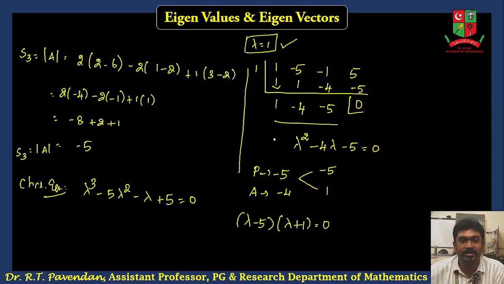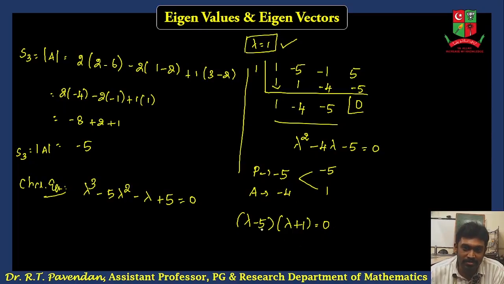So be cautious here. Lambda is equal to 1 is one of the values of lambda, but the values that we obtain here are factors of the equation lambda square minus 4 lambda minus 5 is equal to 0. Those are not the exact values of lambda. To find the exact values of lambda, we have to equate these two factors to 0 and get the values.